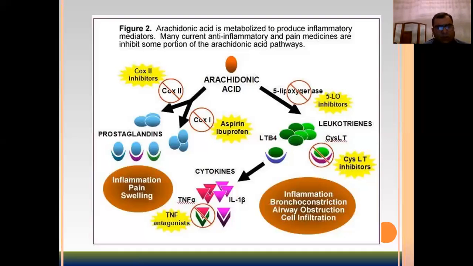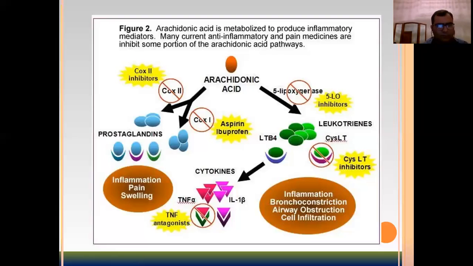Cyclooxygenase 1 is not only involved in the inflammatory process, but it also protects the intestinal mucosa from acid irritation. Therefore, inhibition of cyclooxygenase 1 and 2 causes ulceration in the stomach.